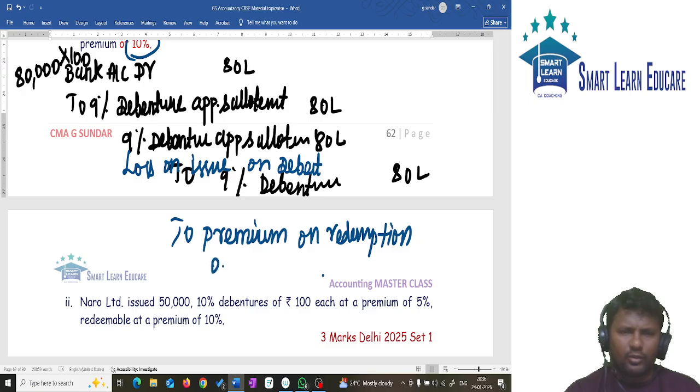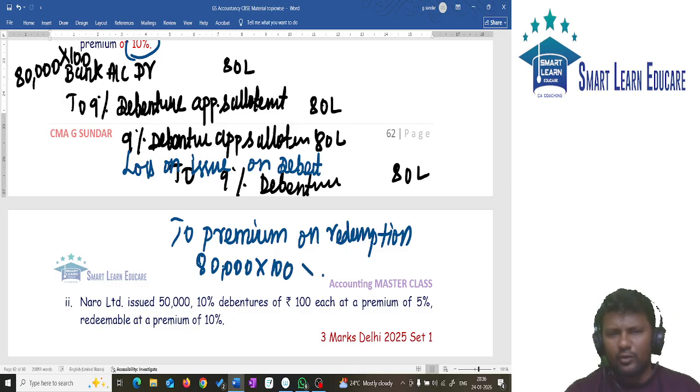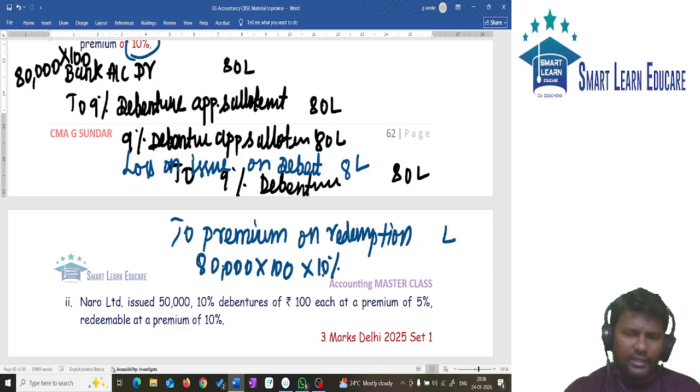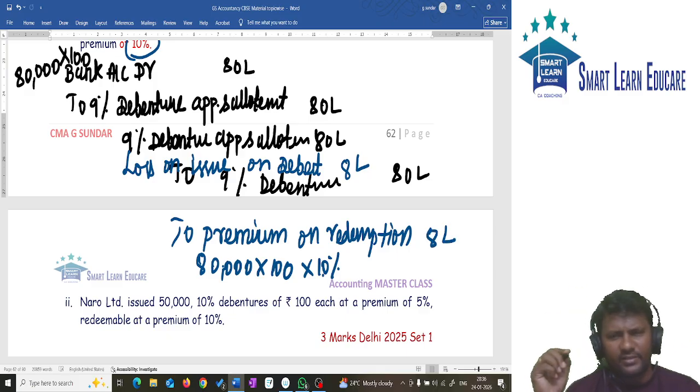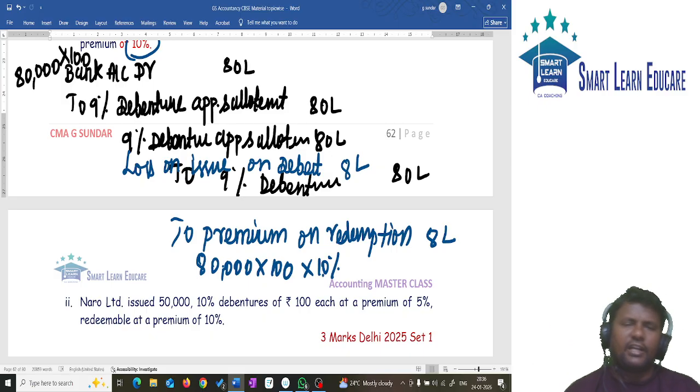Totally we have 80,000 debentures, into 10%. This 100 is the face value, into 10% will give you 8 lakhs. So this 8 lakhs should be debited, also 8 lakhs should be credited. In future we will repay it at a higher price, for that now itself we are creating a liability.